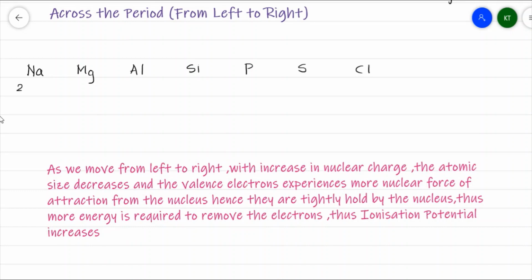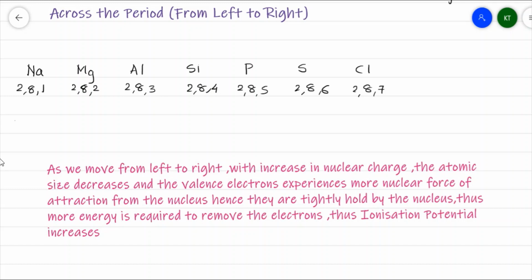Sodium, atomic number 11, has electronic configuration 2, 8, 1; magnesium 2, 8, 2; aluminium 2, 8, 3; silicon 2, 8, 4; then 2, 8, 5; 2, 8, 6; and 2, 8, 7.